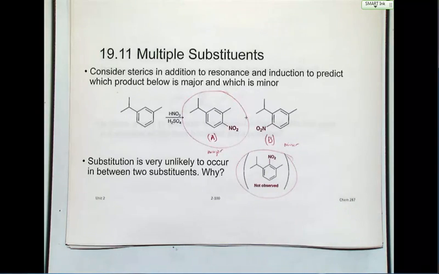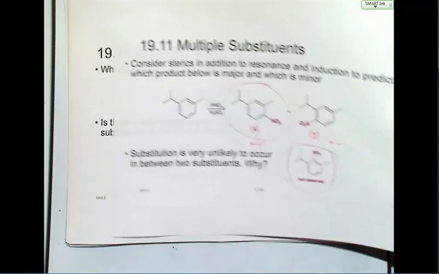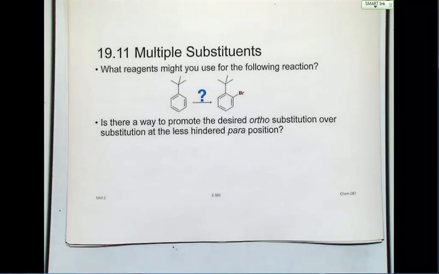That might be a challenge problem, you know, try to make this. So you want to think about how you might do something like that. And that example is shown here. What if you wanted to accomplish the ortho-bromination of a tert-butyl benzene? This takes the problem to the extreme almost.